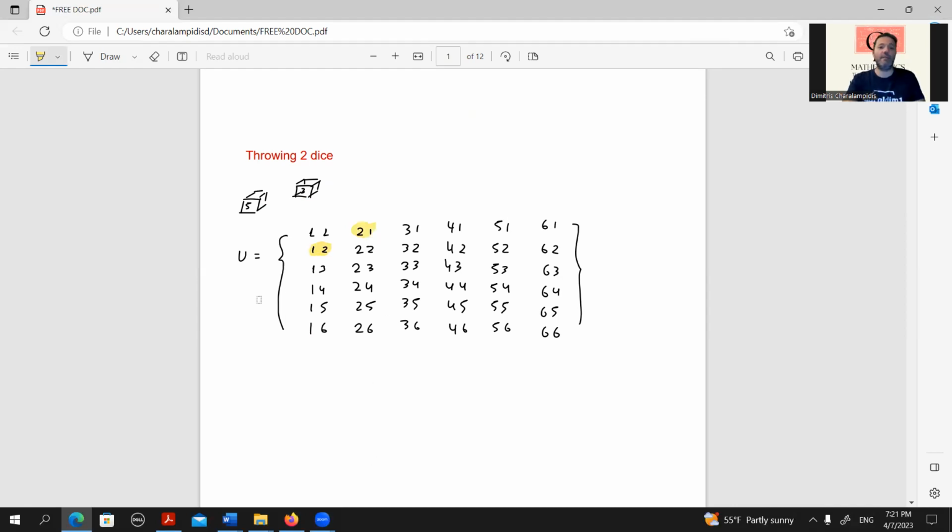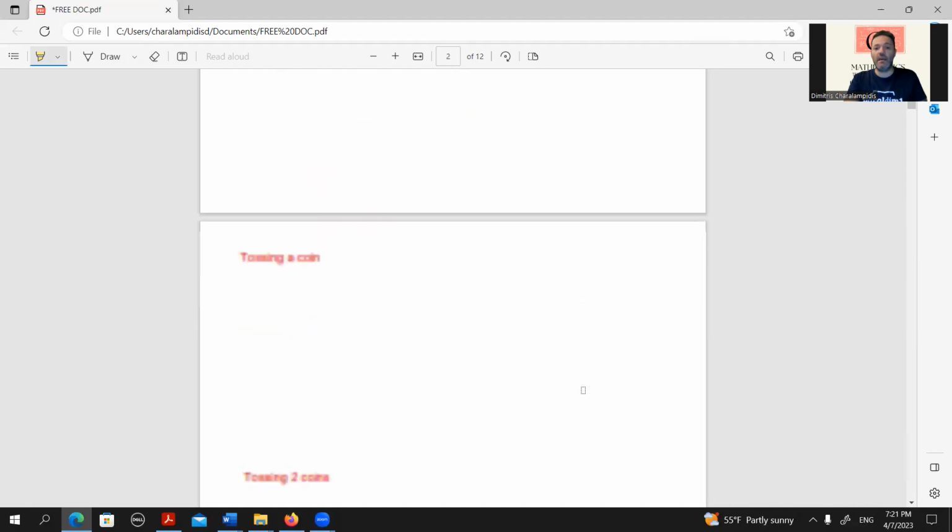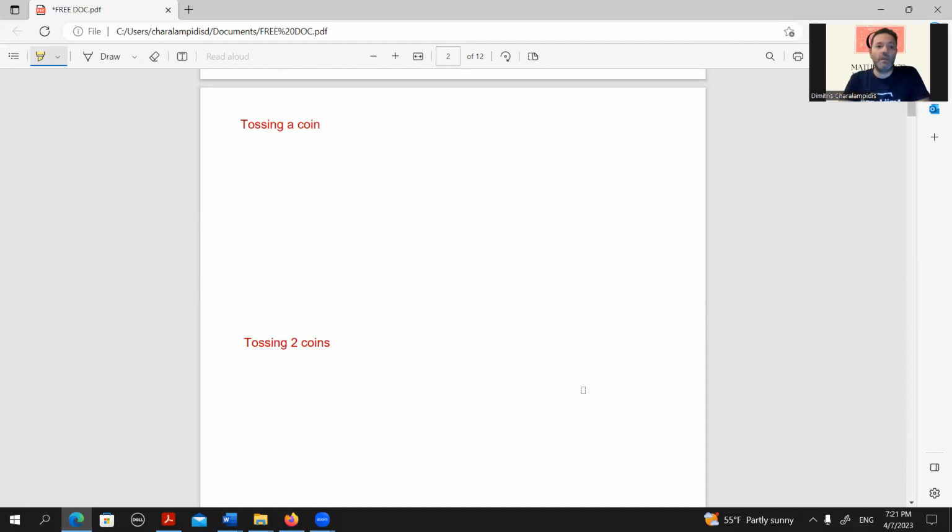Let's leave the dice now and let's move to coins. We toss one coin. So we would expect that we have 2 different options for our outcomes. It will either be heads or it will be tails. Let us now toss 2 coins.